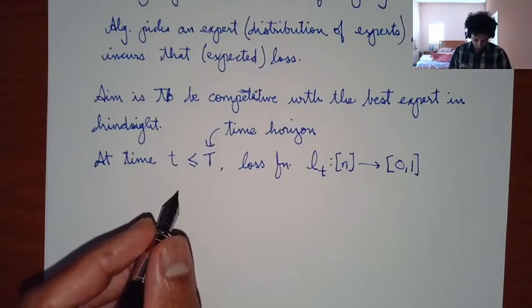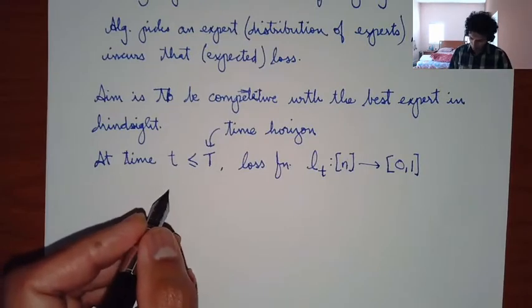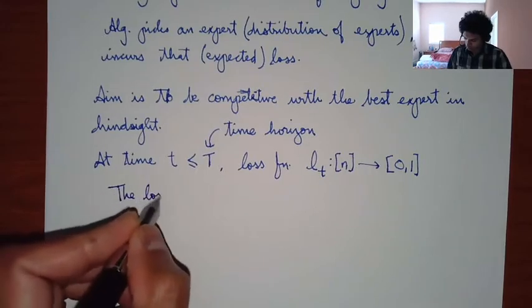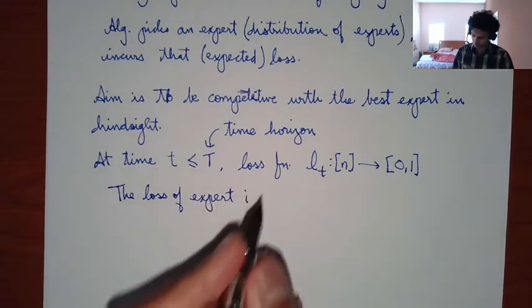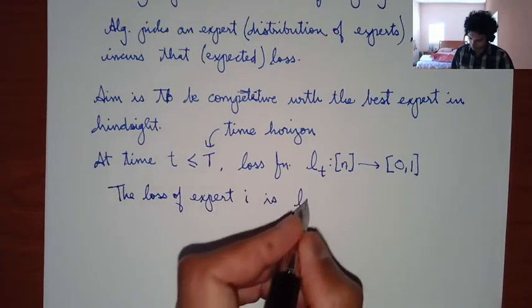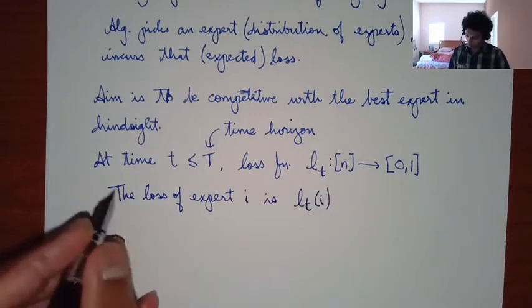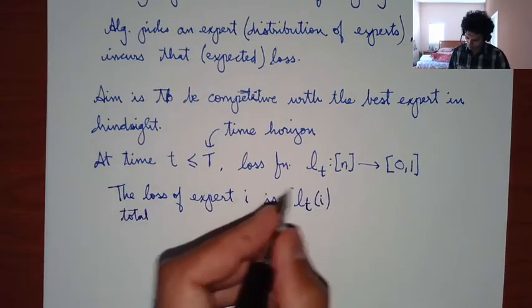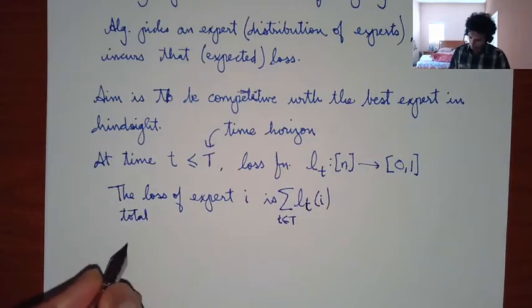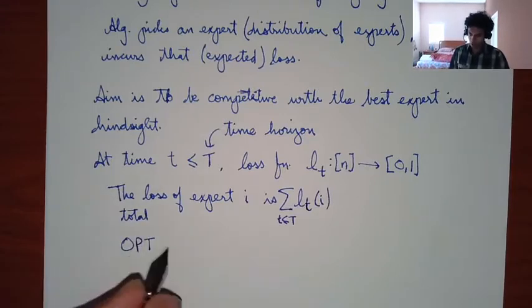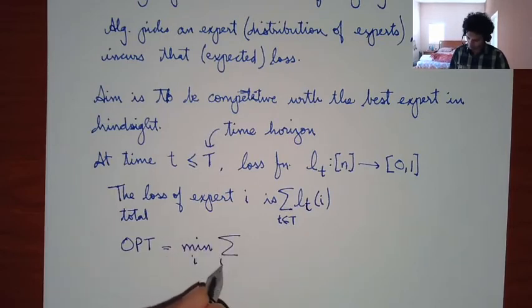And what we have is the loss of expert i is L_t of i, and I can say the total loss is simply the sum over t. So this is the loss. And we can define the optimum loss to be the min over all i of this quantity.